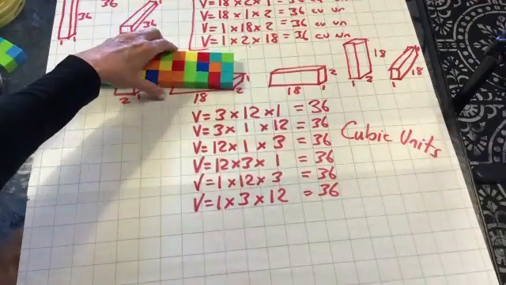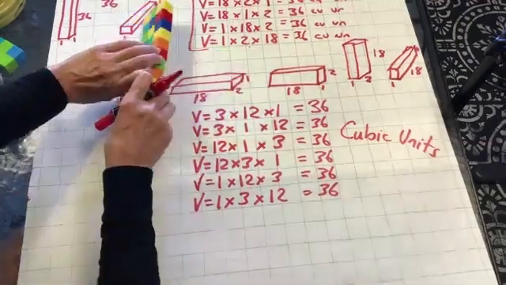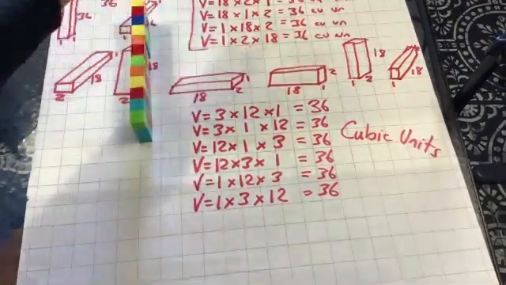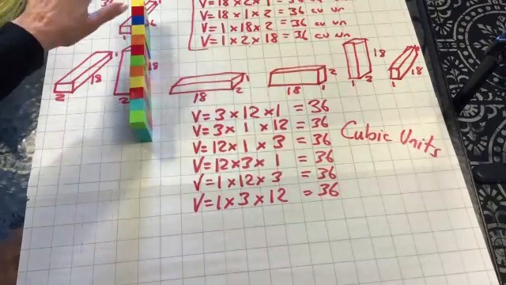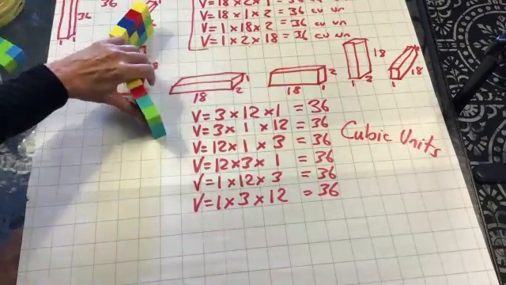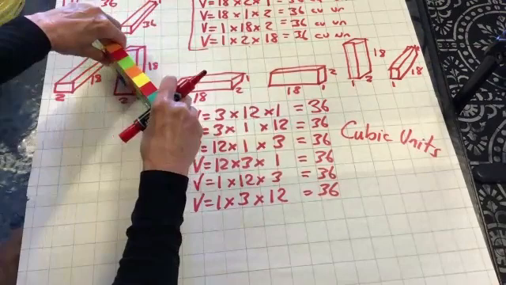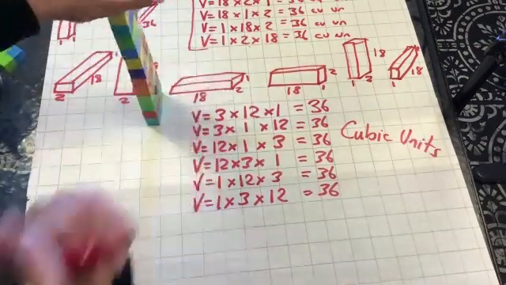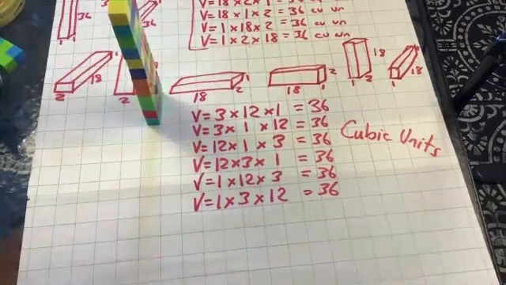And then we have 1 wide. So that would look like this. 1 wide by 12 deep by 3 tall. Or we have 1 wide by 3 deep by 12 tall.